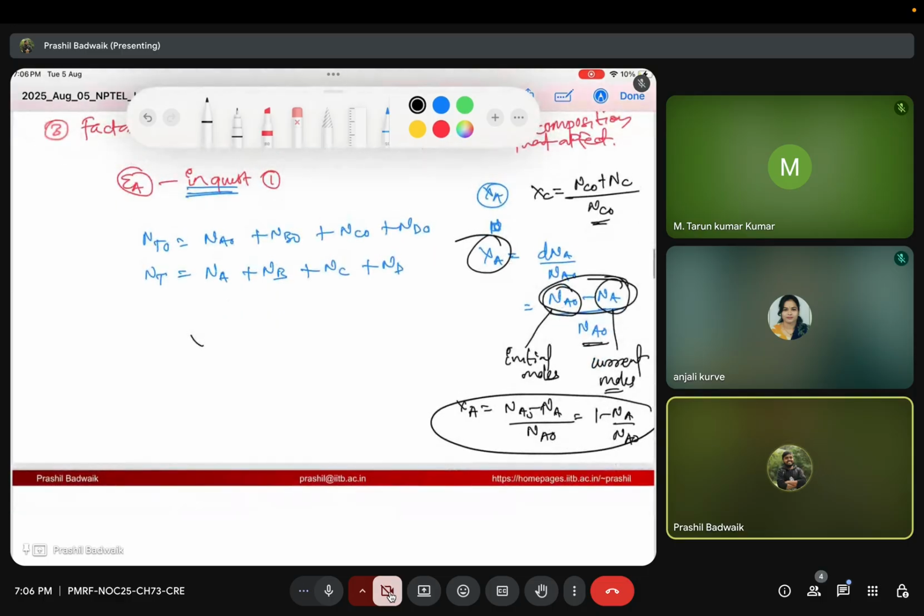So we can write na is equal to na naught times 1 minus xa, and nc is equal to nc naught times 1 plus xc.